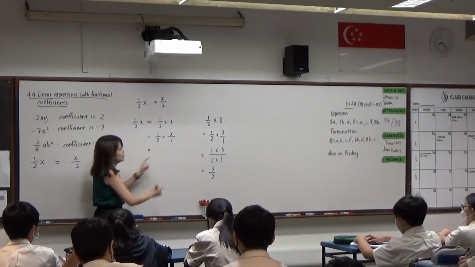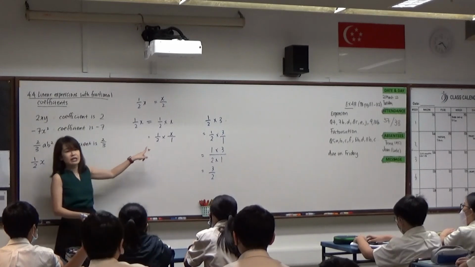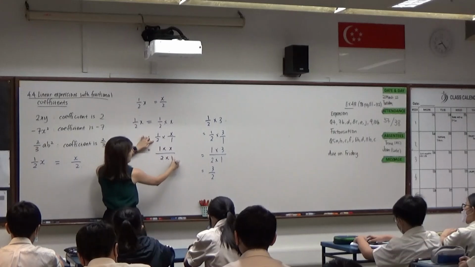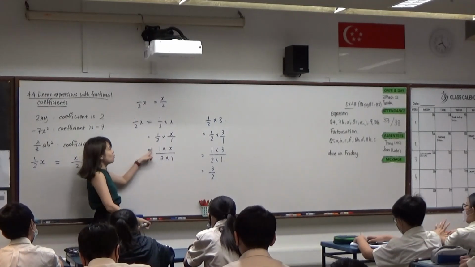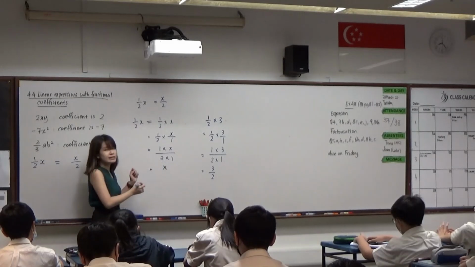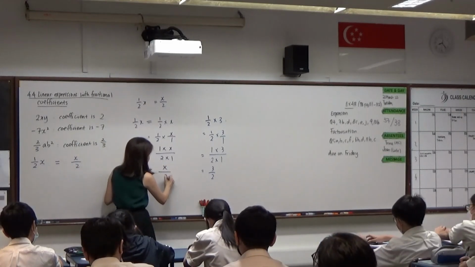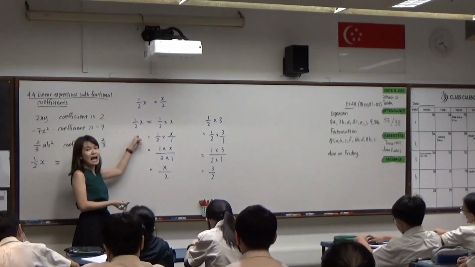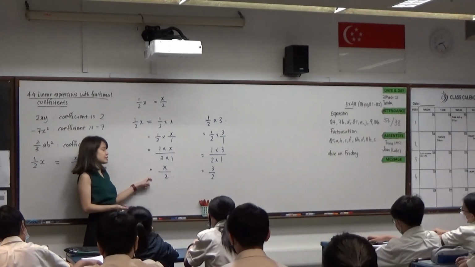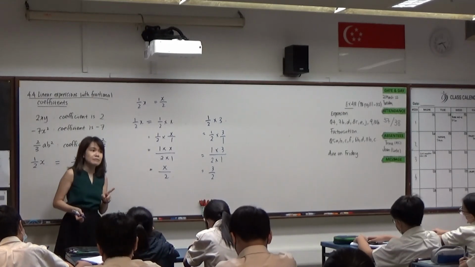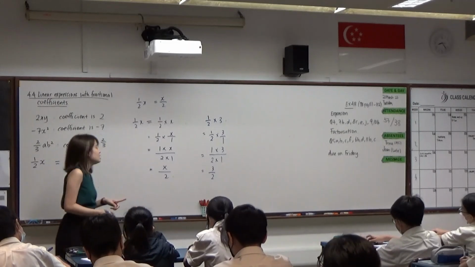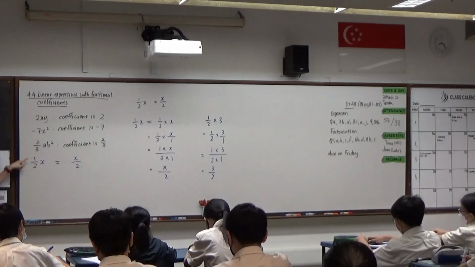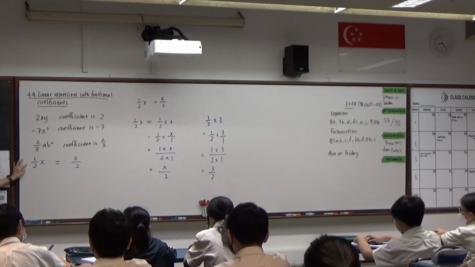Then I follow the rule that in multiplication of fractions, numerator times numerator, denominator times denominator. 1 times x is just x, and 2 times 1 is just 2. So we see very clearly that half x is x over 2. This is something you must be able to recognize: putting the x in the middle is the same as putting it on top.